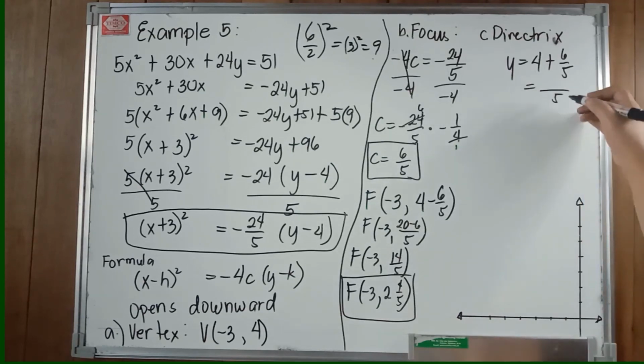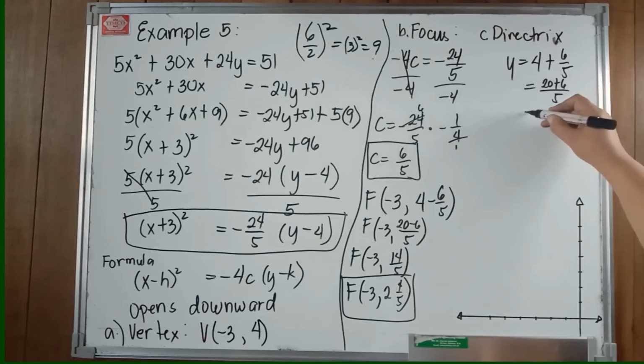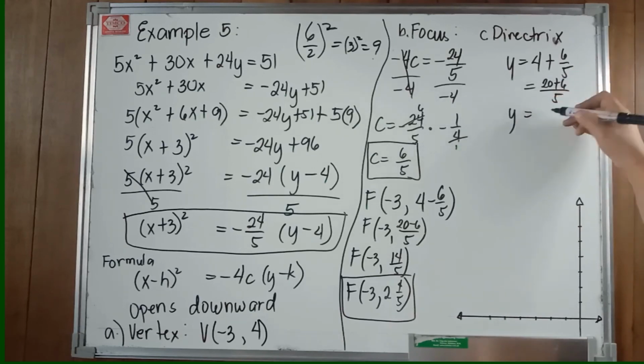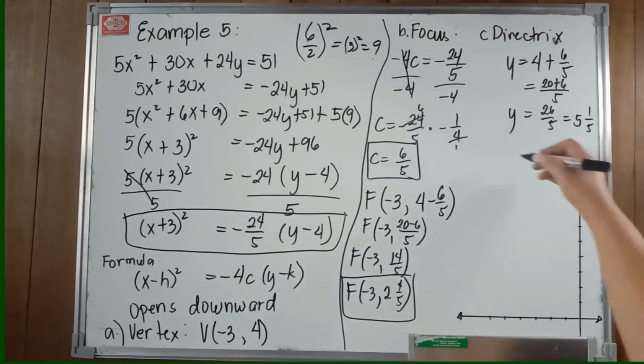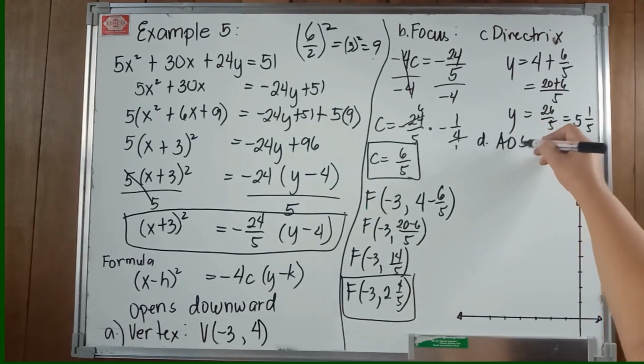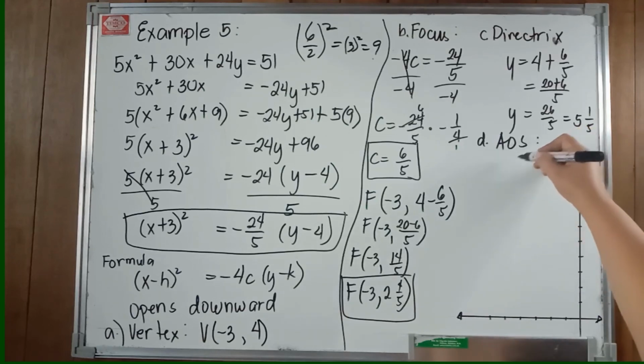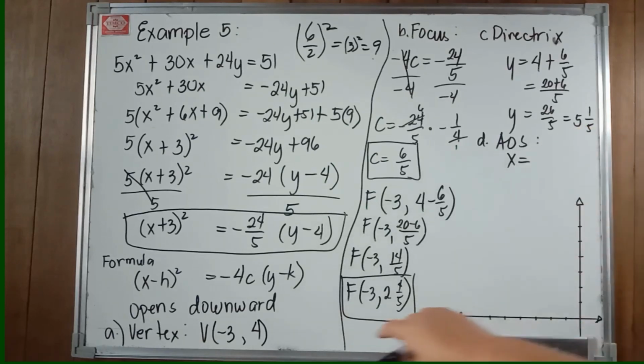So our LCD is 5 times 4 is 20 plus 6. 20 plus 6 is 26 over 5. So that is our directrix. So if you're not fond of mixed number, 26 divided by 5 is 5 and 1/5. And for our axis of symmetry, we have x is equal to negative 3.